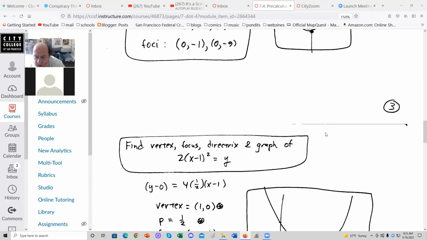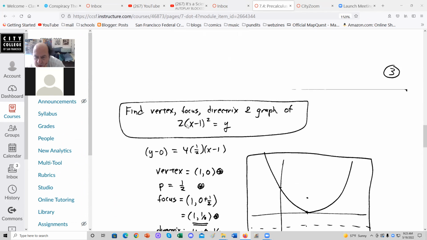Here they ask for the vertex, focus, directrix, and graph of 2 times x minus 1 squared equals y. Now, where y is y minus 0, x minus 1 is x minus 1, 2 is 4 times a half. This should be squared. x minus 1 squared.